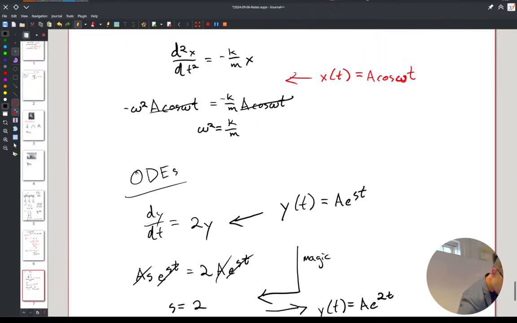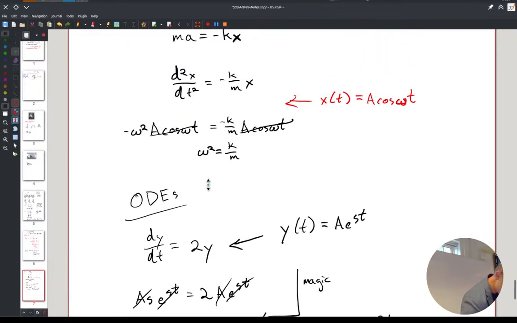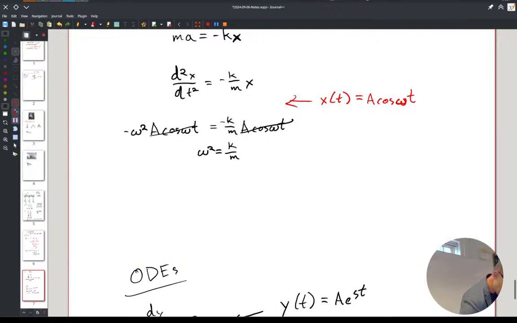How much room do I have? So the part that I didn't get to was plugging in the initial conditions.